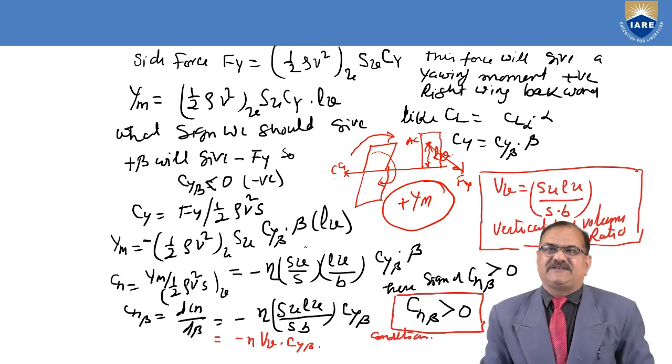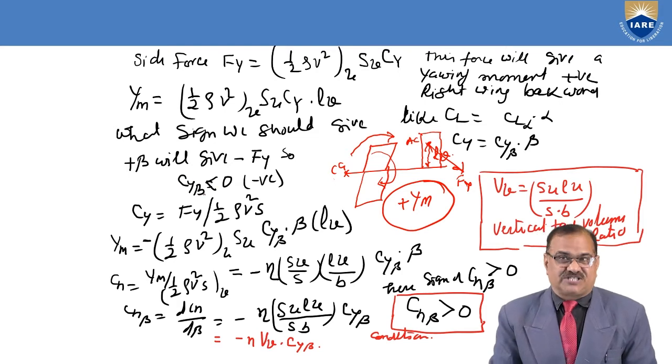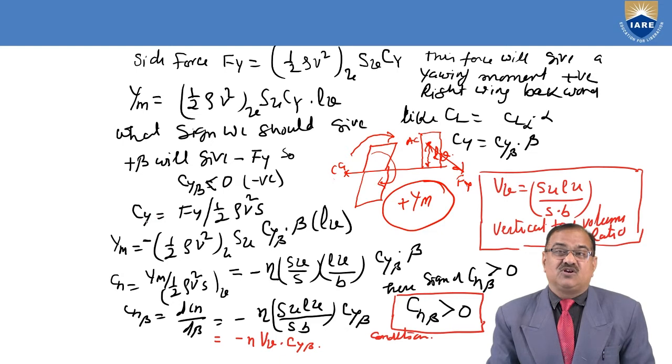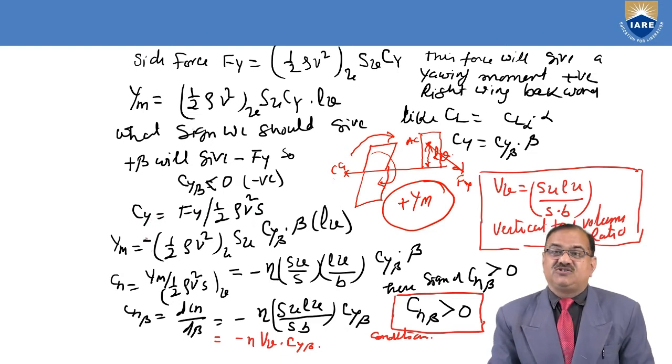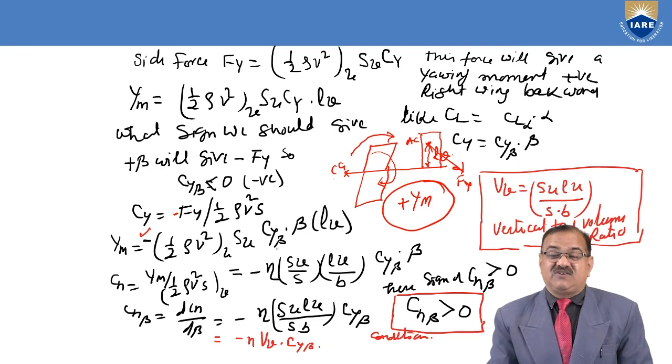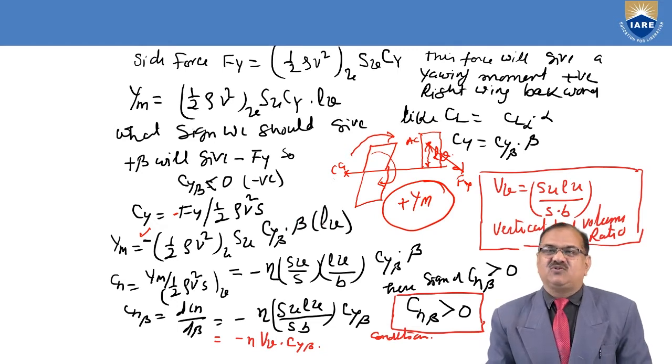Here we can see that a positive beta will create a negative Fy, so Cyb will be negative. The force coefficient in the y direction will be negative. So Cy will be Fy over half rho V squared S. So Ym is equal to minus half rho V squared Sv Cyb into beta into Lv.